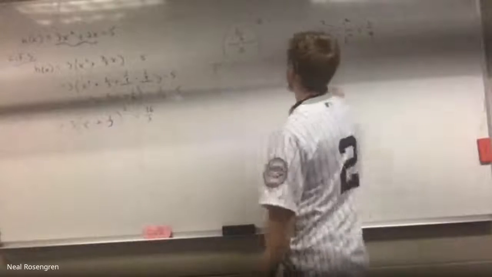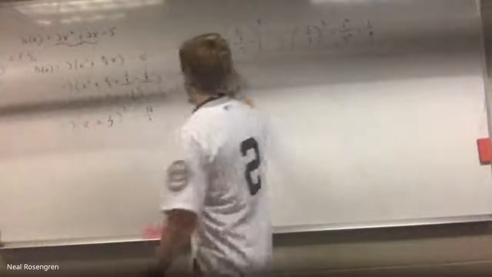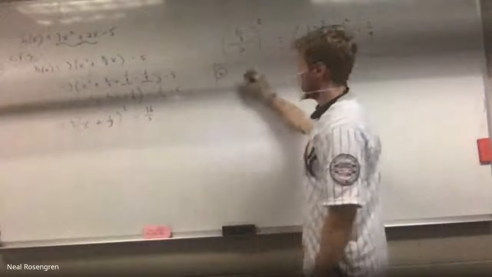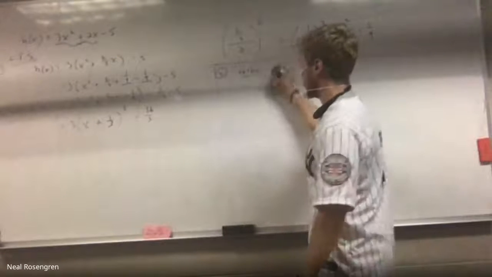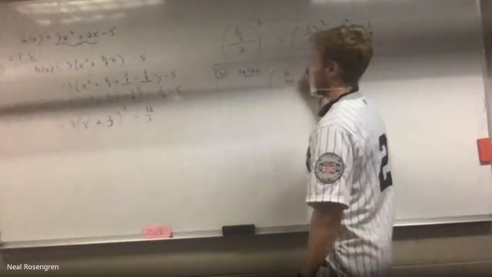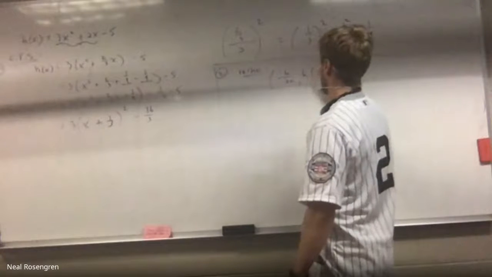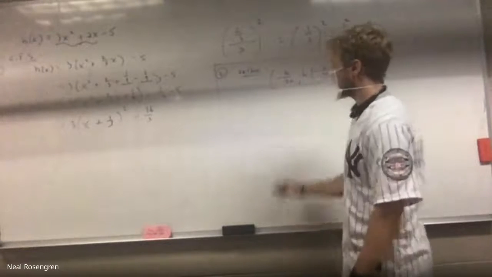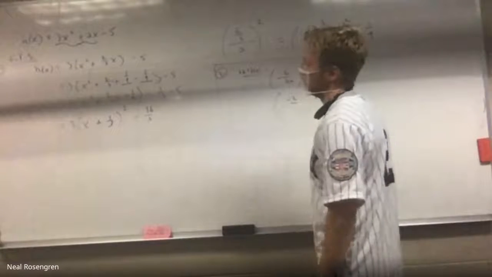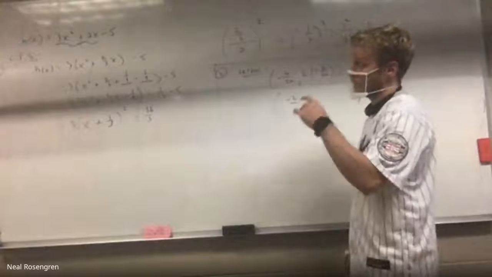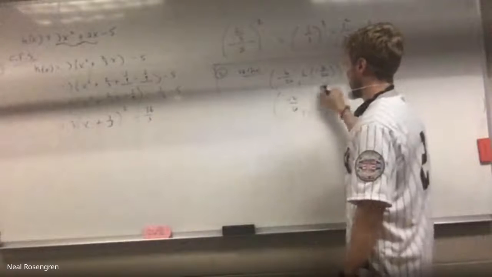But what I find so much easier is, instead of option number 1, trying option number 2: find the vertex first. Just do negative b over 2a and then plug it back in. Let's see what we get. Negative b, so negative 2 over 2 times 3, so over 6.